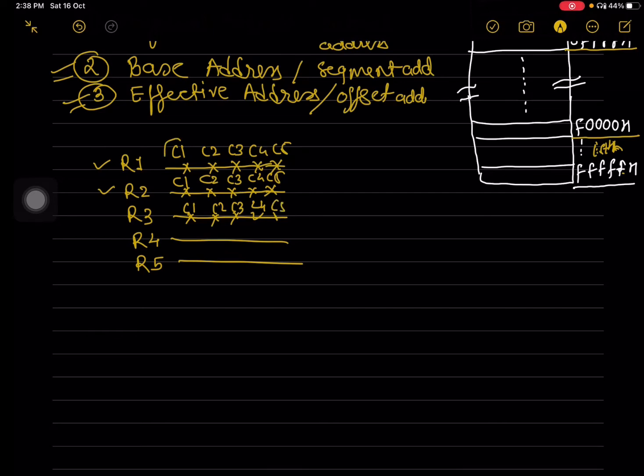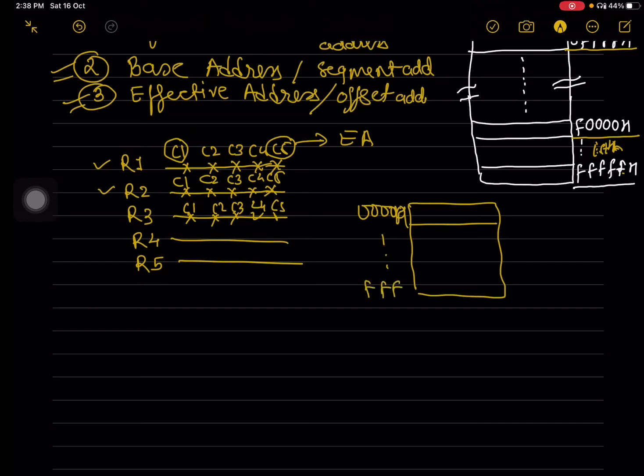These column addresses resemble the concept of effective address. Every row has the same column addresses. In a similar manner, every segment has the same effective addresses from 0000H to FFFFH. So every segment has the same set of effective addresses.